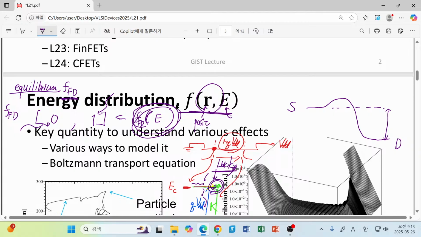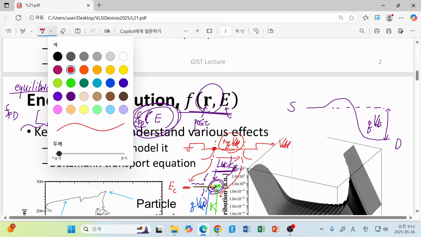Why? Because we have applied a certain drain voltage. So this energy difference corresponds to Q times VDS. For example, if we apply 1 volt to our drain, then we have a 1 eV difference in energy levels.